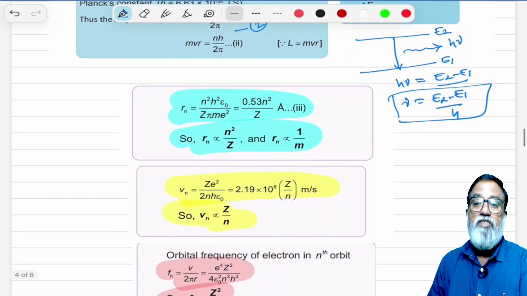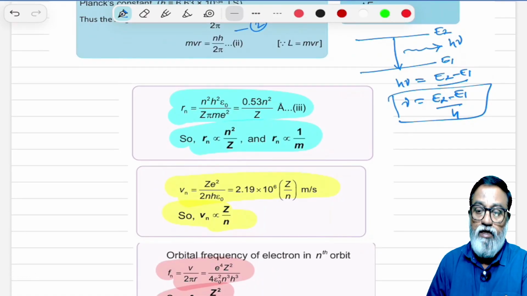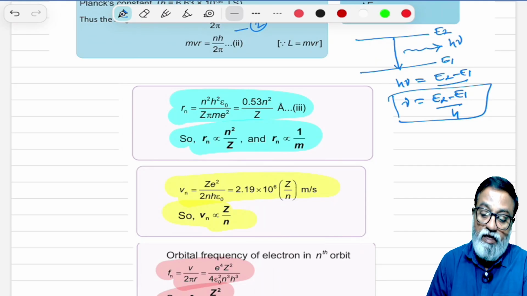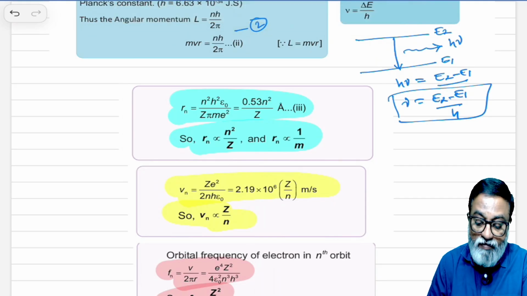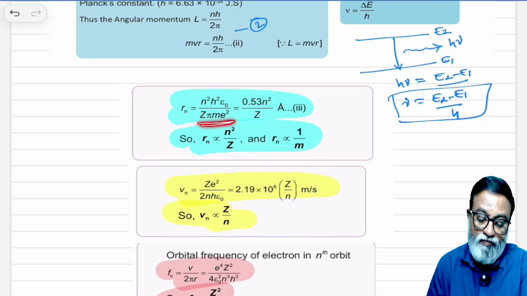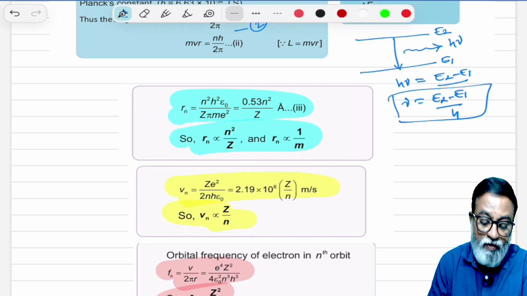Next, from equations 1 and 2, we can directly write down the radius of the nth orbit. Here, radius of nth orbit Rn is equal to n square h square epsilon naught by Z pi m e square. There is no need to remember all these things. Here, the important thing is the radius of the nth orbit is 0.53 n square by Z angstrom.